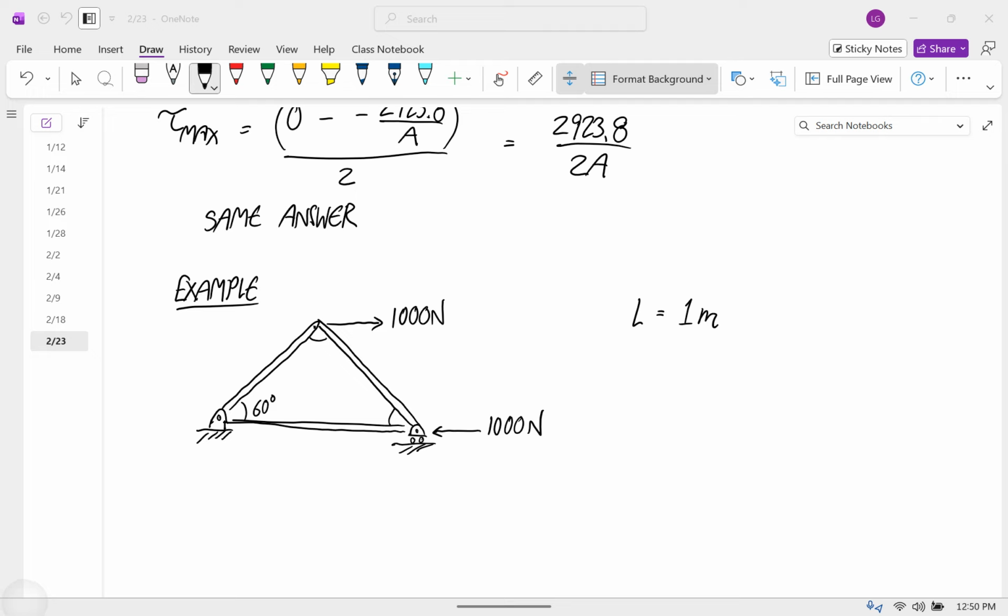And the cross-sectional area, we'll say, is 1/1000th of a meter squared. And we want to calculate tau max in each member.